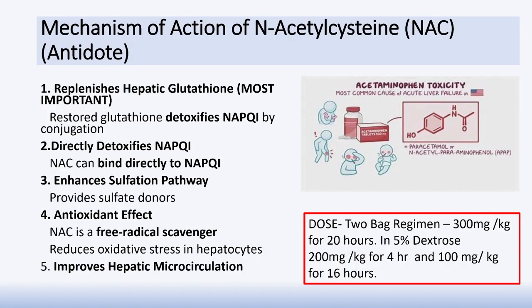What is the mechanism of NAC? N-acetylcysteine is the antidote for PCM poisoning. It produces glutathione, directly detoxifies the toxic metabolites, and enhances the sulfation pathway, which is the major detoxifying pathway of paracetamol, especially in children.